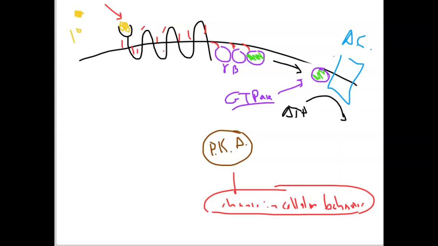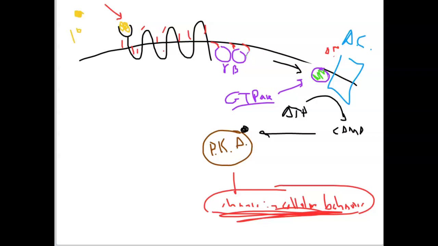It's going to turn adenylate cyclase on. Adenylate cyclase is going to go back to making cyclic AMP out of ATP as its precursor, and that cyclic AMP is going to turn on PKA, and the change in cellular behavior will persist. A really, really nice system where the G protein goes back to the receptor every so often, as far as its GTPase activity allows, and checks in.